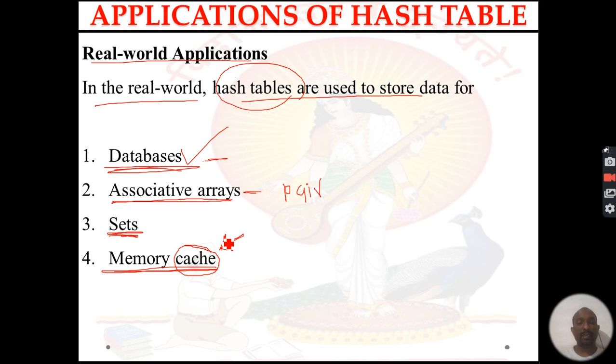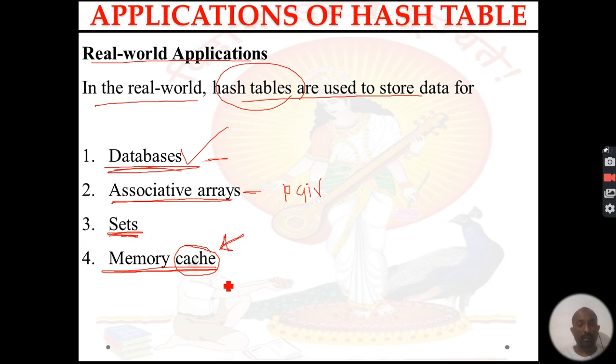But next time when you try to open that same web address in your browser, there is no need to type the whole address. When you type www.pvgcoe, automatically that data will be fetched. Why? Due to the memory cache, because that data is already cached in our memory.